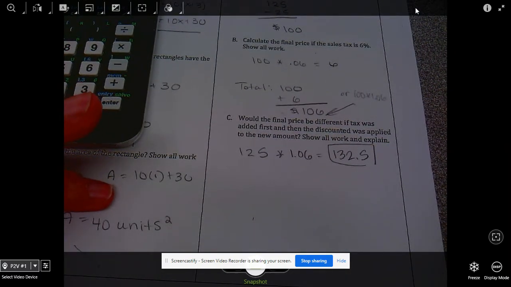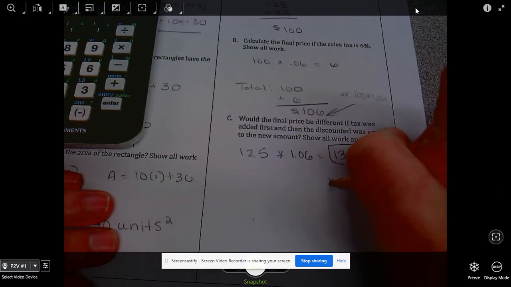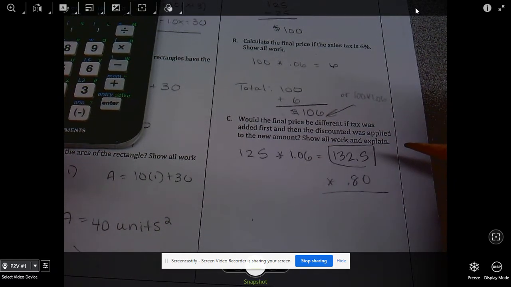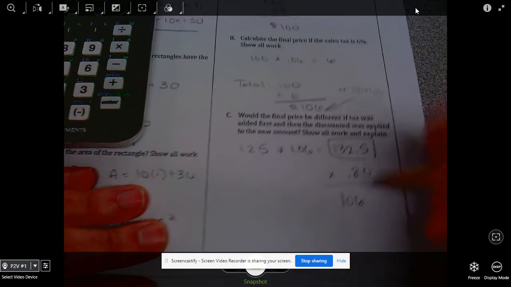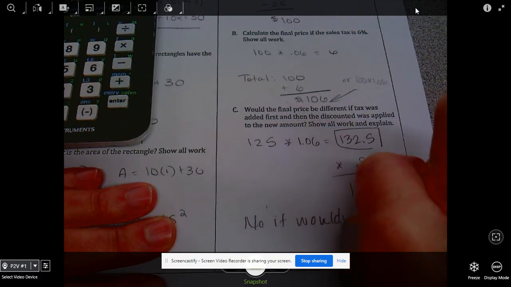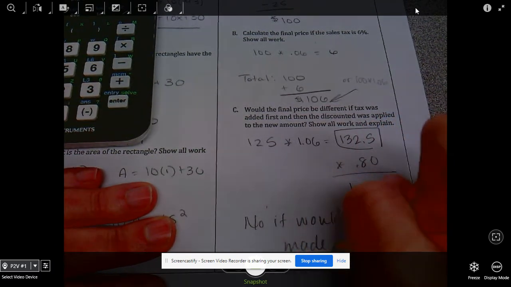Now, let's take the sale price. It was 20% off. So that means we paid 80%. So we don't have to find 20 and then remove it. We can just multiply by 0.8 and we get 106. No, it wouldn't have made a difference.